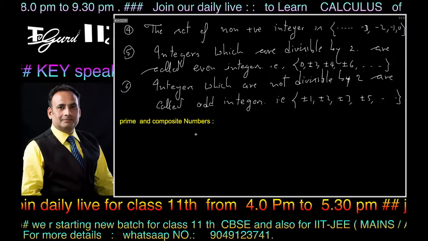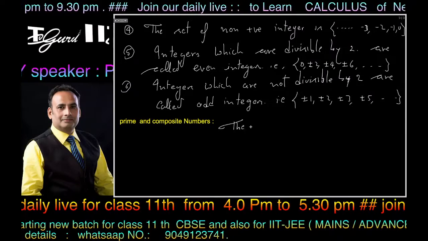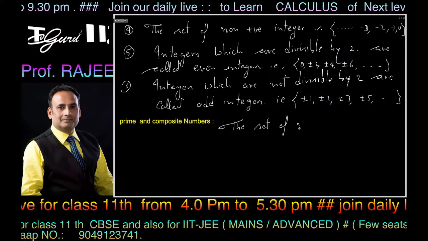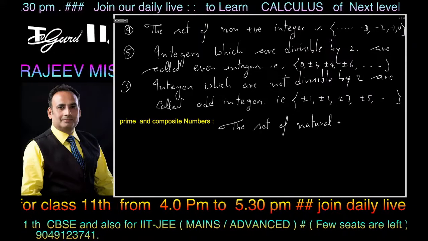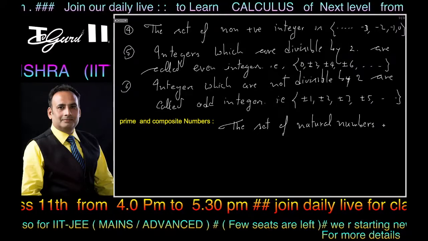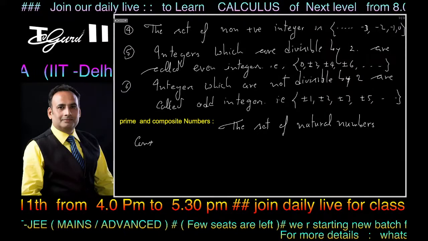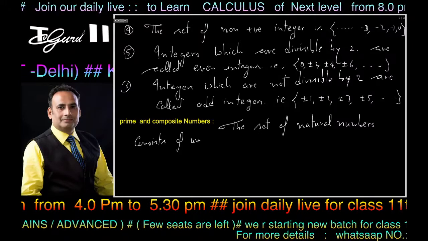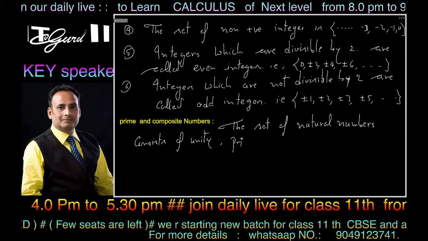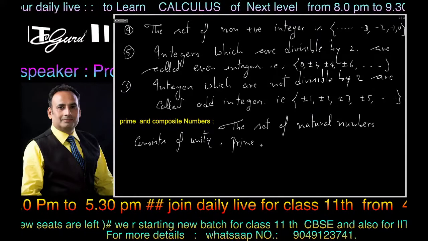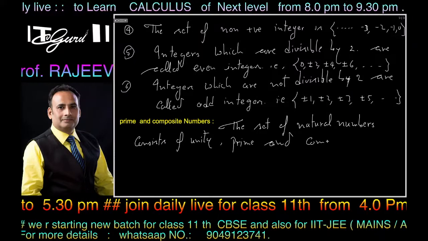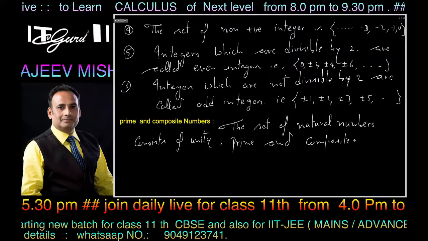So let me write here, this is the theory: the set of natural numbers consists of unity, prime and composite numbers.